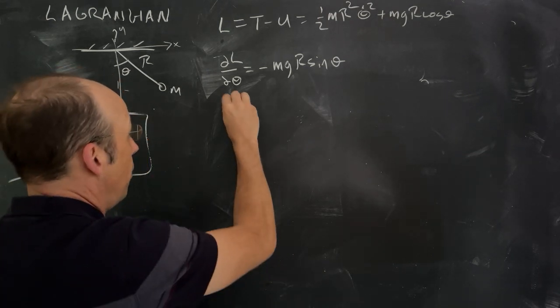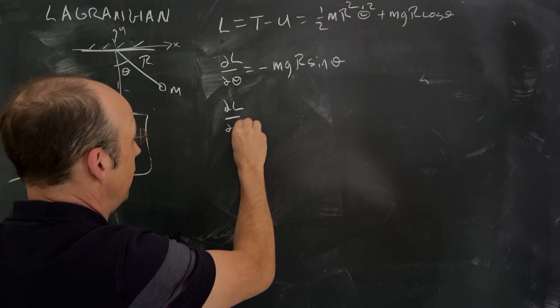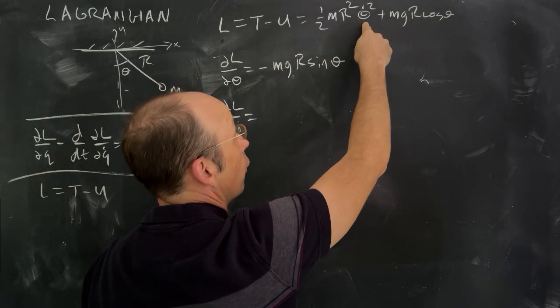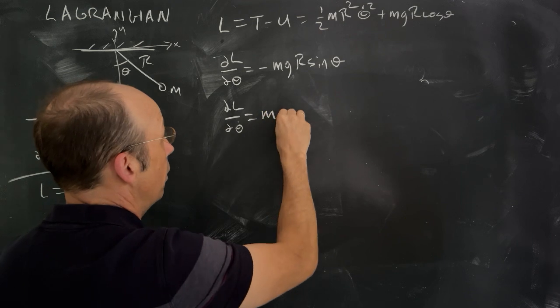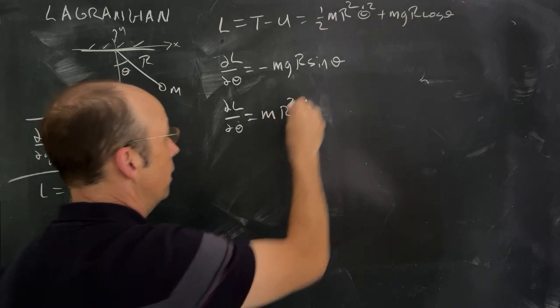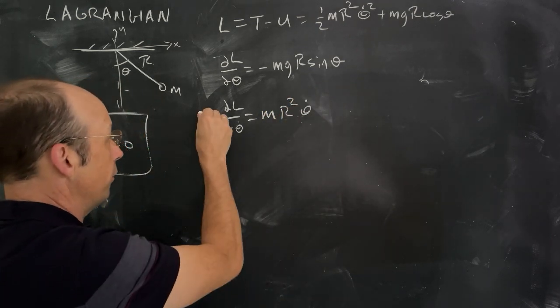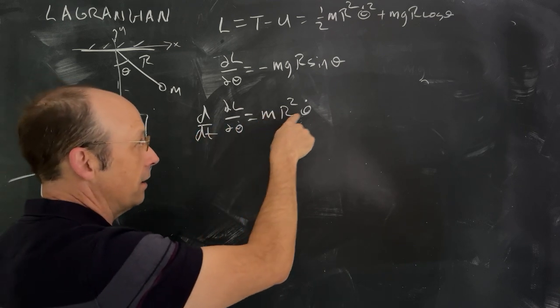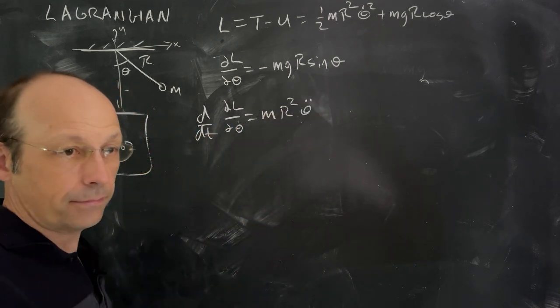Okay. Now the partial of L with respect to theta dot. No theta dot, no theta dot, boom, there it is. So I use the power rule, bring that down, I get m r squared theta dot. Now I can take the derivative of both sides with respect to time, the absolute derivative, and constant, theta double dot.